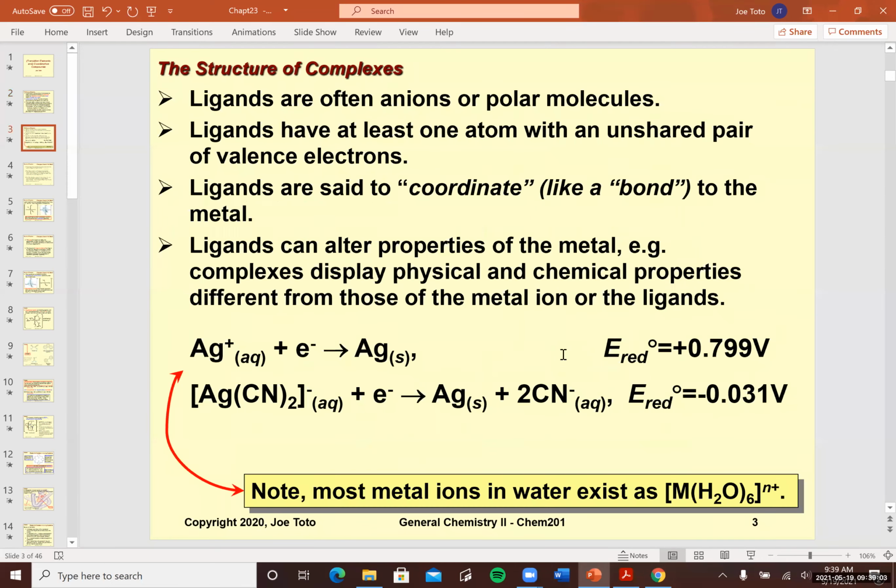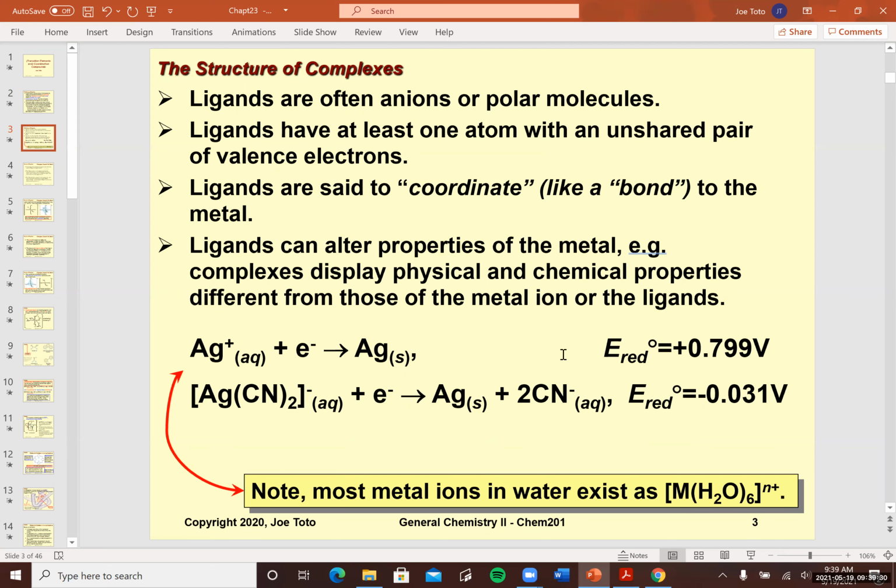This came about through a Lewis acid-base interaction where the ligand, that atom or molecule, had to have an atom within it with lone pairs of electrons that could donate those electrons into empty d orbitals centered on the metal. And then those electrons are shared by both the metal and the nonmetal, and that's a type of covalent bond.